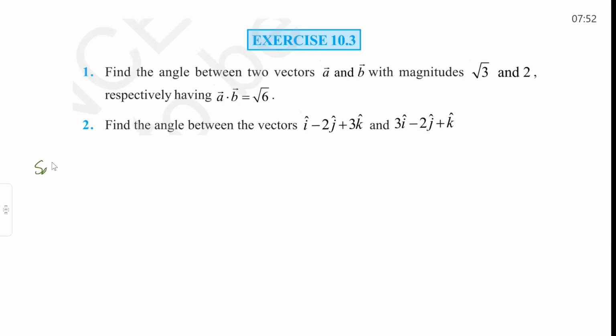Solution number 1. First of all, let theta be the angle between the vectors a bar and b bar.